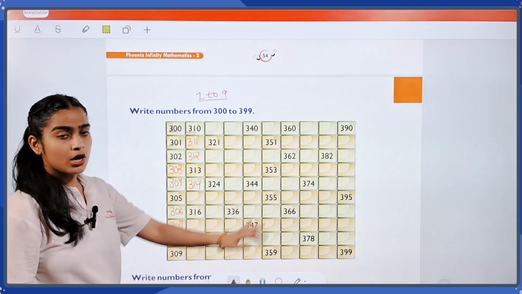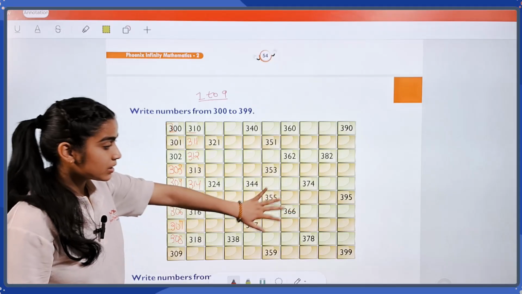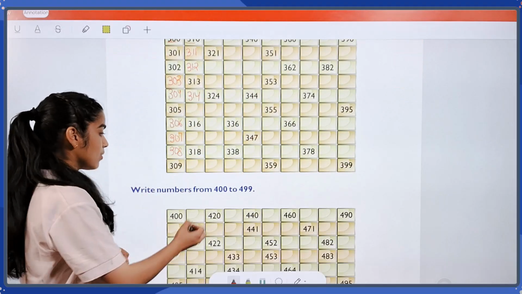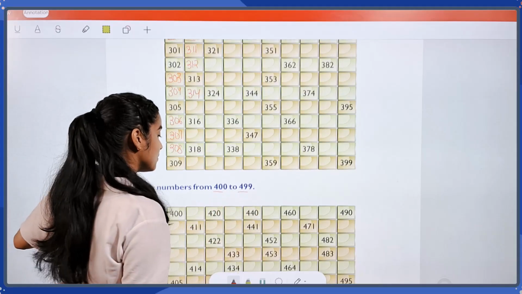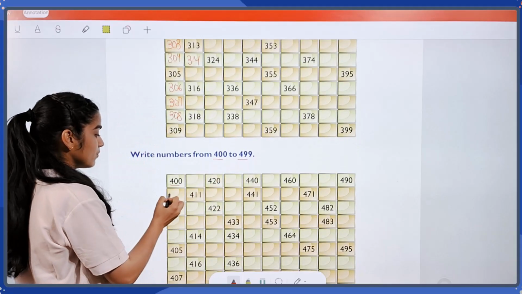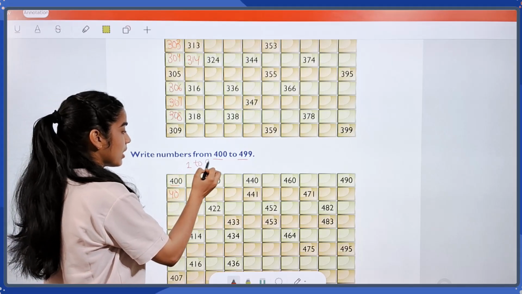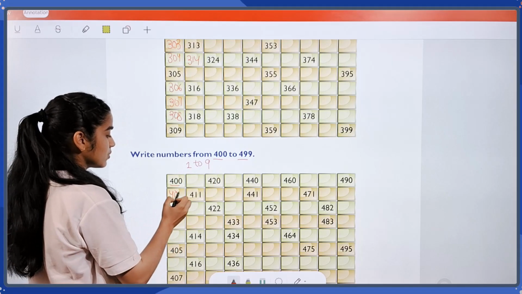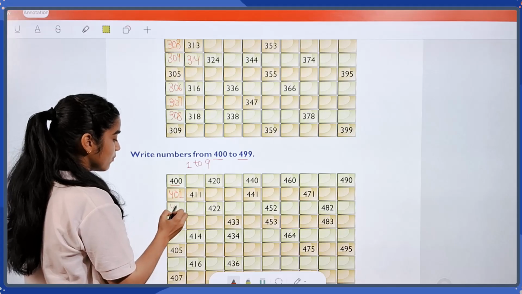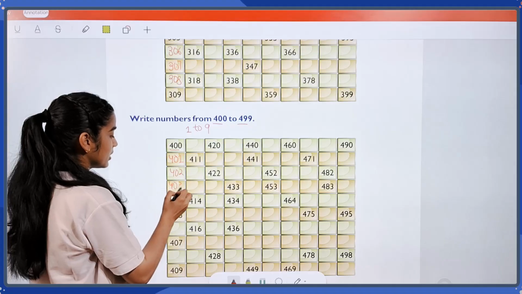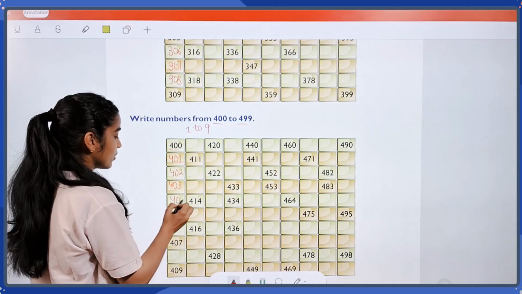So students, now you have to complete the table in the same way as I do. Now 400 to 499, the same process you have to repeat here. 4 will remain the same, 0, 1, 2 to 9 you have to use, and 401, 402, 403, 404.